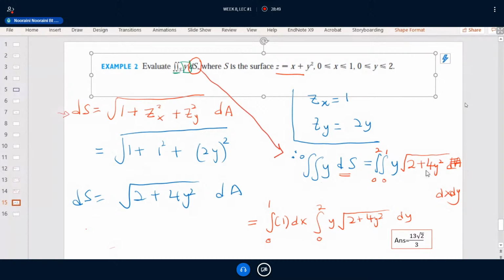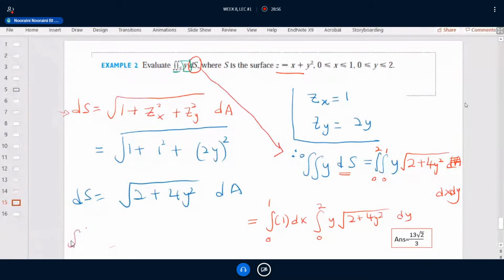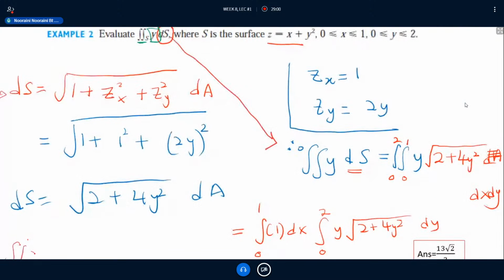From here, remember previously we have the formula from the double integral. If you have a function of x, and then you have a function g for the y, dx dy, where the limits here must be numbers, a, b, and then c, d.